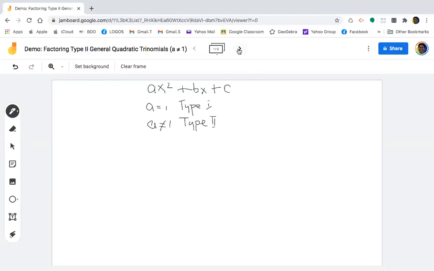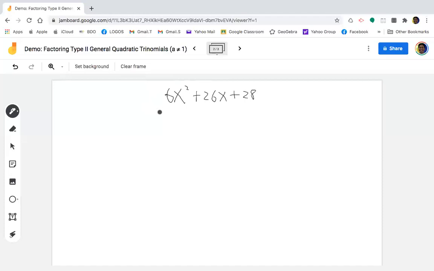All right, let's start with the first example. Let me write down the first example. We have 6x squared plus 26x plus 28.